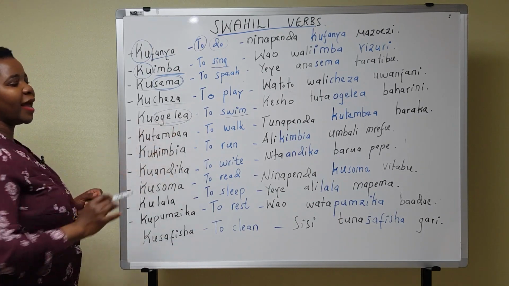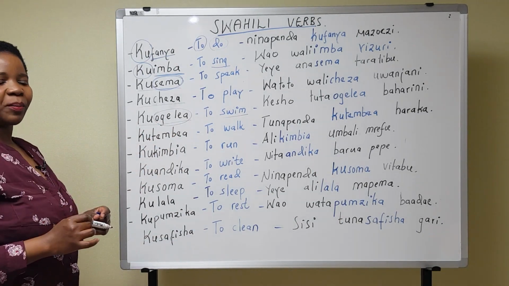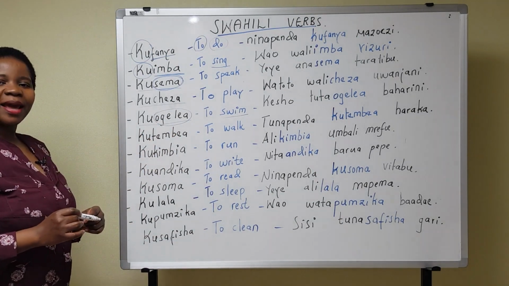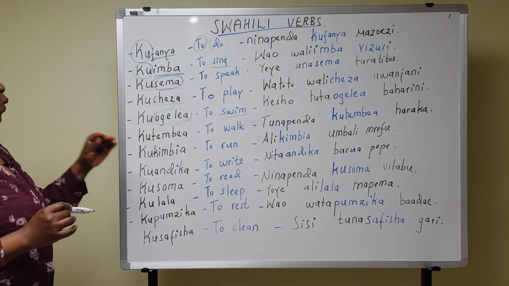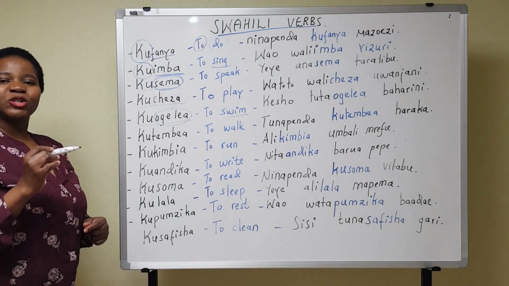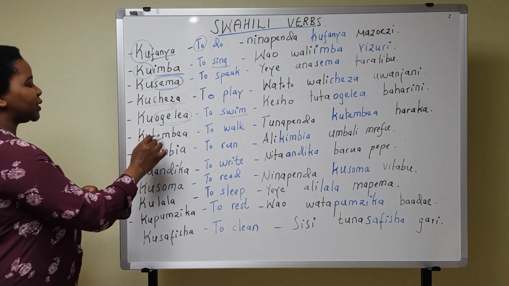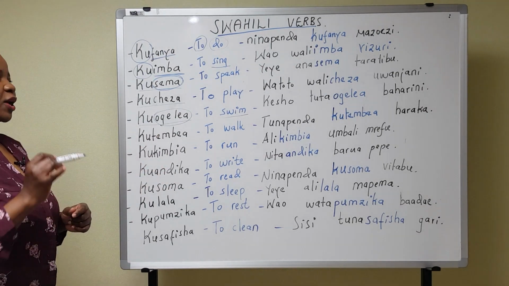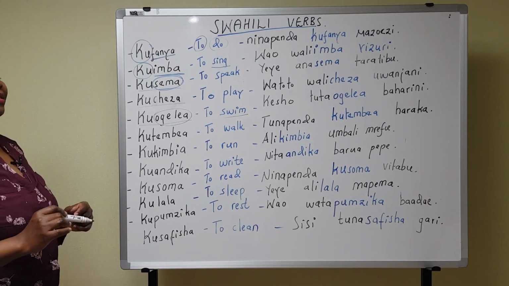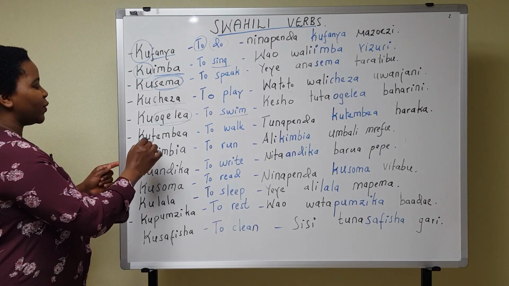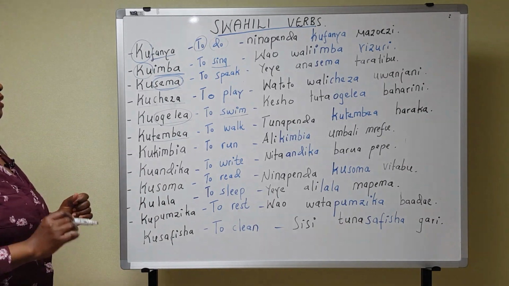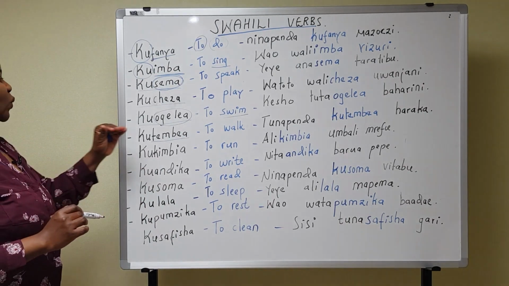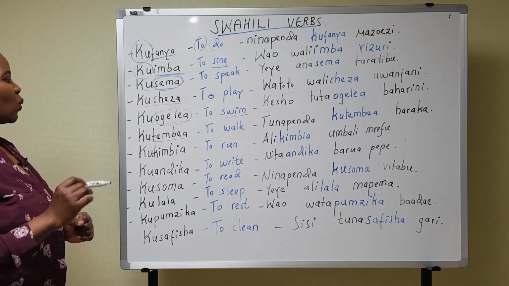So kuogelea is to swim. Kutembea is to walk. The verb root is tembea, which is walk. So kutembea is to walk.